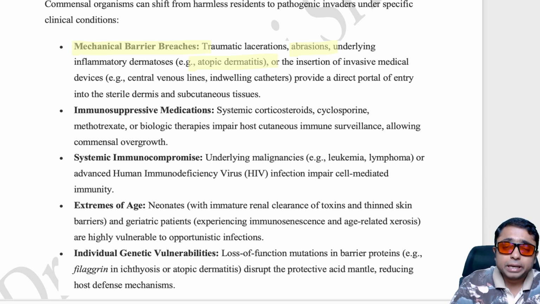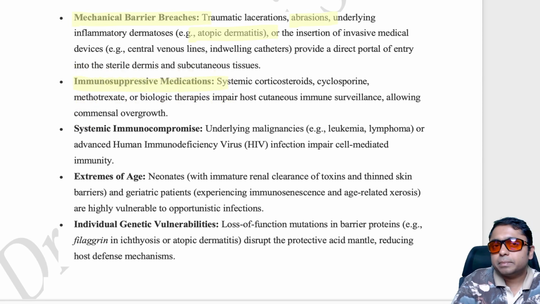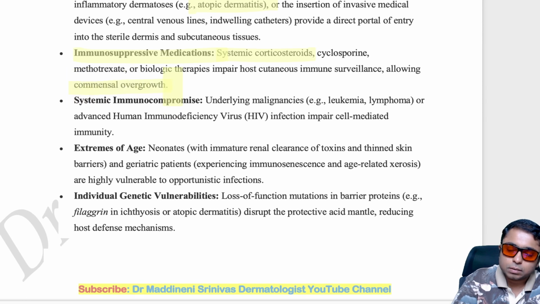So, there could be any reason for the breach of the mechanical barrier. Ultimately, the normal commensal is going to now become pathogenic, right? And if the patient is having some immunosuppressive effects due to any medications, like for example most commonly systemic corticosteroids, and other biologics also, these are also going to cause commensal overgrowth.